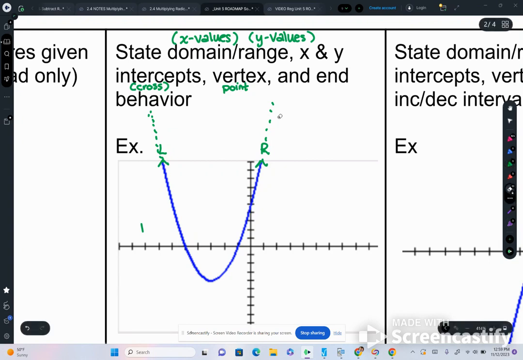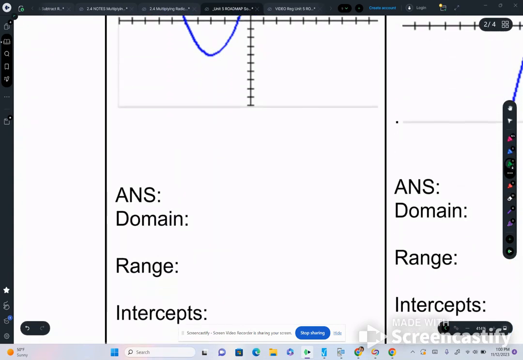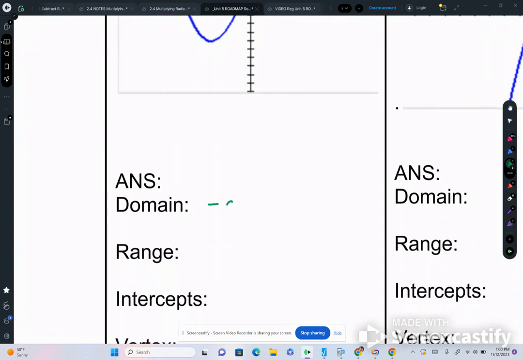Because you can always hit a point on the x-axis, that means your domain is negative infinity to infinity. That's usually the case for most functions. This is always true for quadratics.